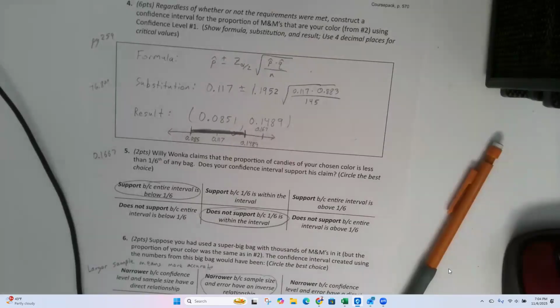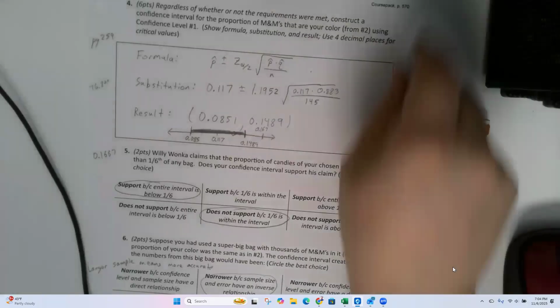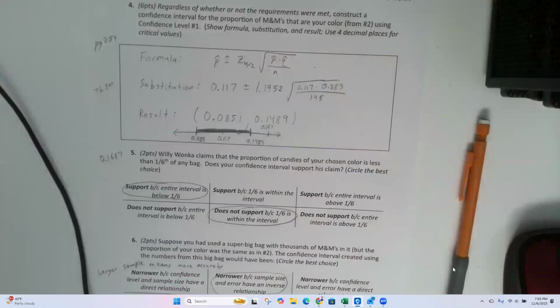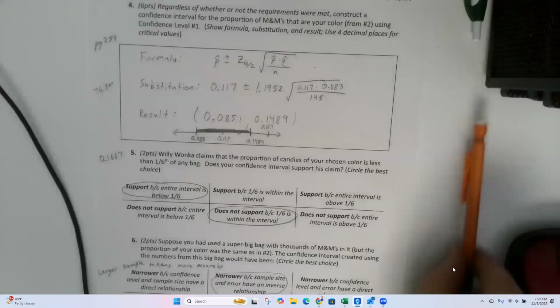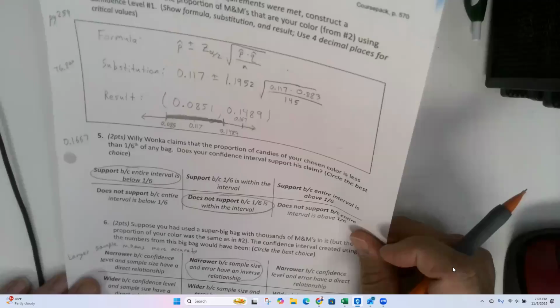I want to know what the average height is, and it could be anywhere in there. On the other hand, it would be much more accurate, much more reliable, much more useful if I could say that the average height was somewhere between 5 feet 4 and 5 feet 8. Then I'm like, oh, that's a pretty tight range. All right. So that's that.